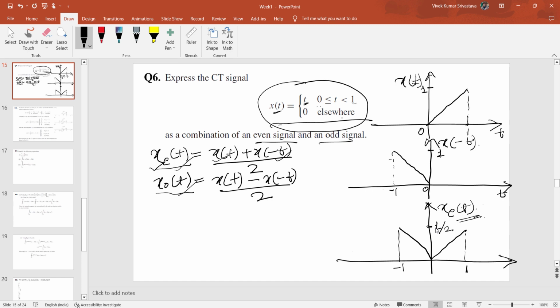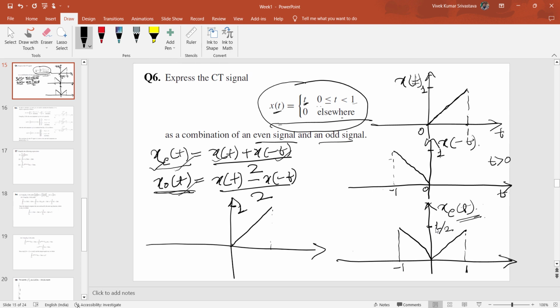Whereas for determining the odd part of the signal, we will subtract these two signals. If you subtract for t greater than 0, you will get the same signal having amplitude of 1.